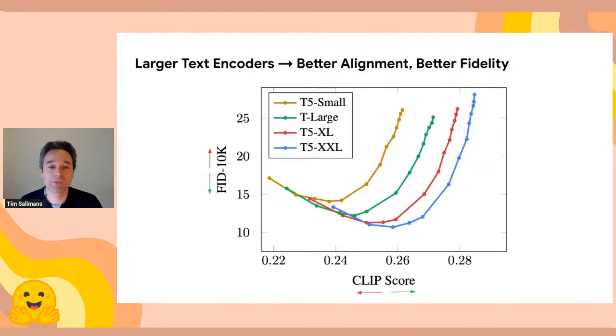In particular, we find that larger text models give us representations of text that the model finds easier to use in generating images. Using the largest text models makes a large difference for the perceptual quality of the images that we can generate.